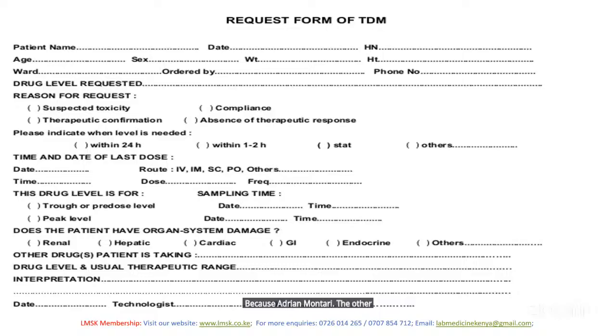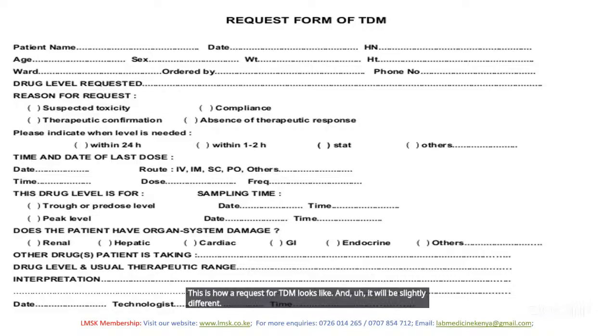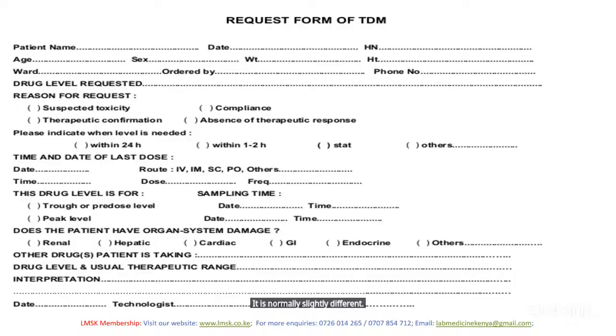The other thing was the request. This is how a request for TDM looks, and it is normally slightly different from the rest of the request forms. It has the patient name, the date when the request was made, the hospital number, the age, the sex, the weight, the height.